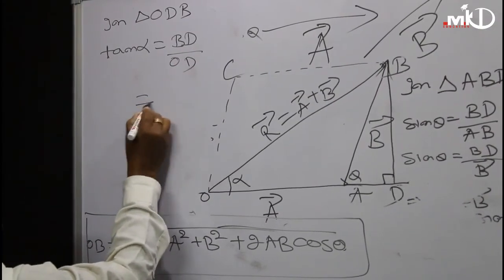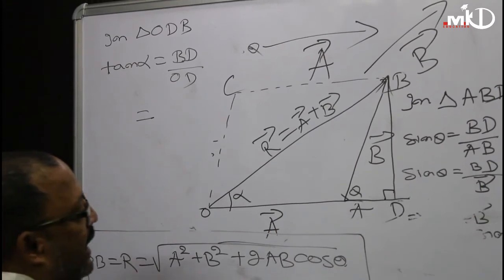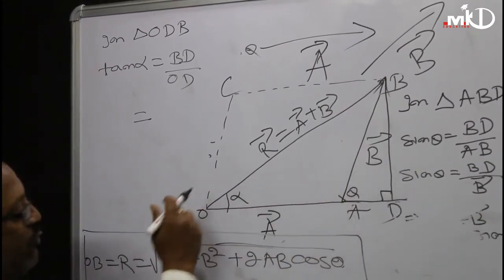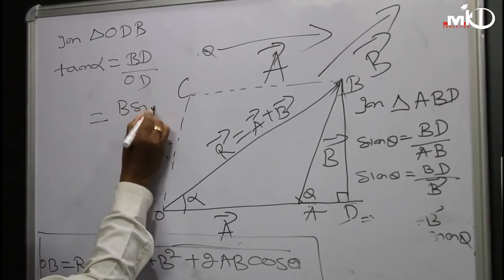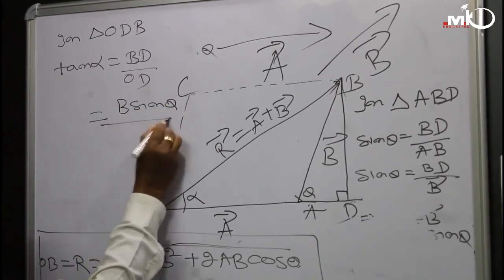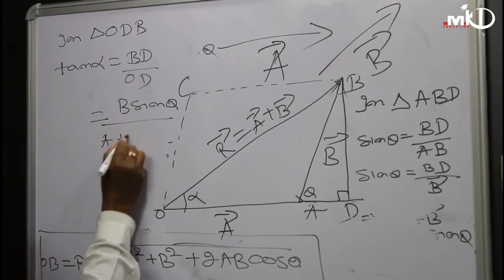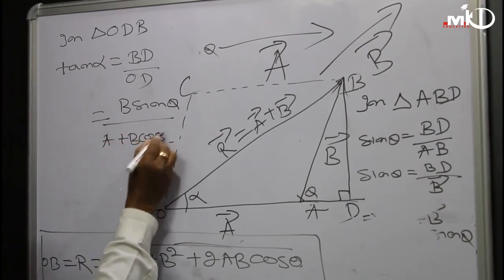The value of BD is B sin theta, and the value of OD already calculated is A plus B cos theta.